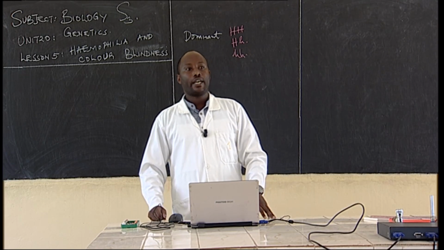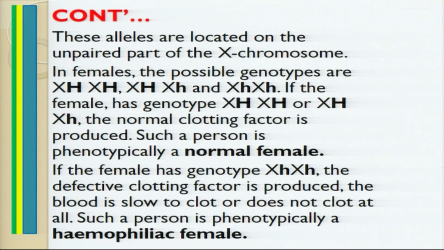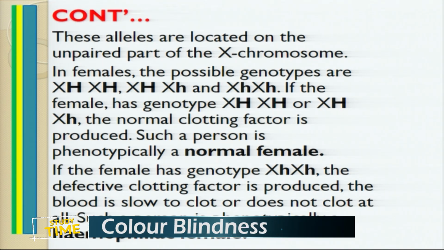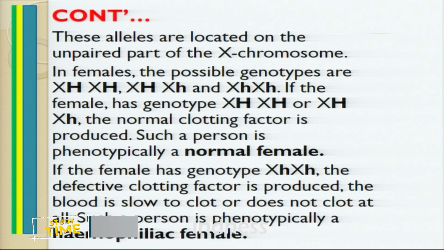These alleles are located on the impaired part of the chromosome. Okay? Let me use the diagram and talk about possible genotypes. Let me have a wife, a mother.